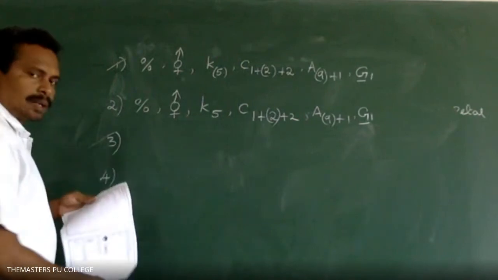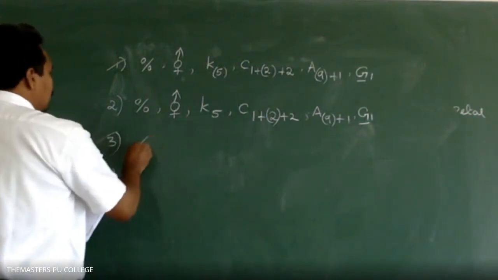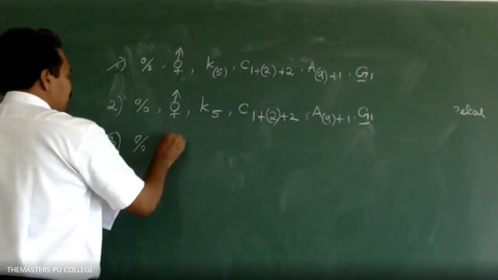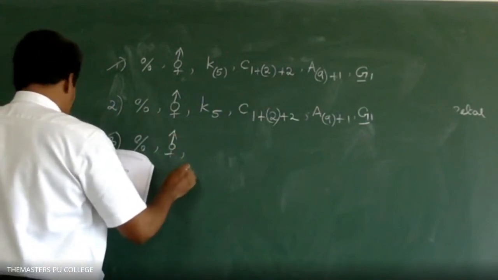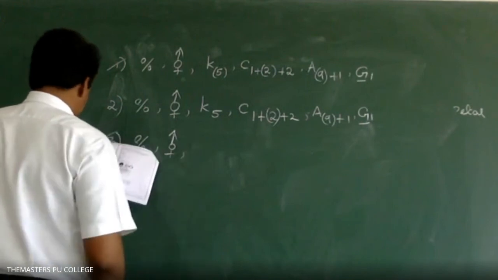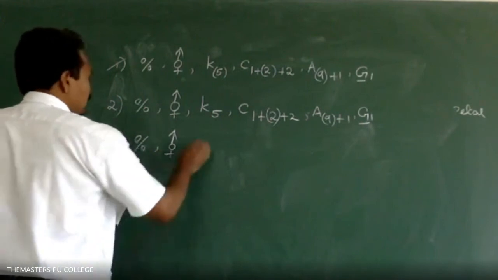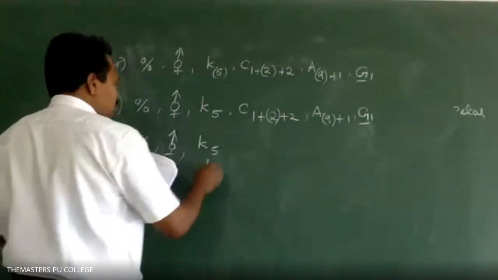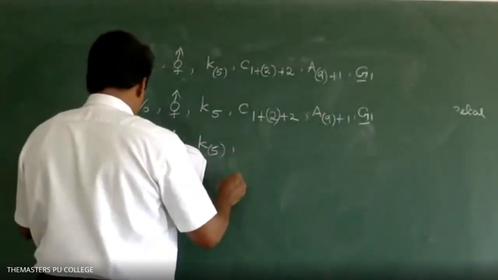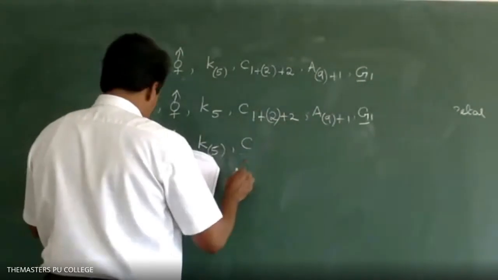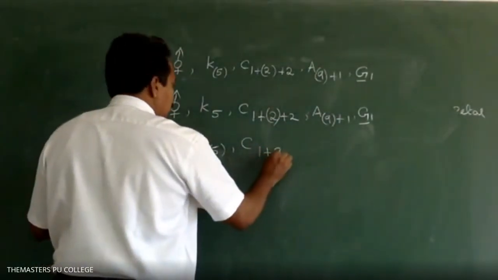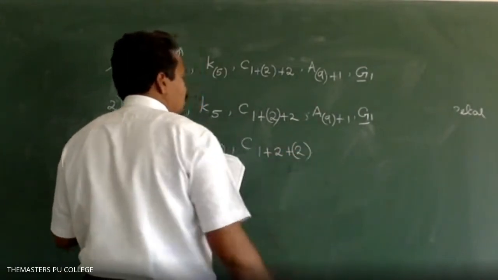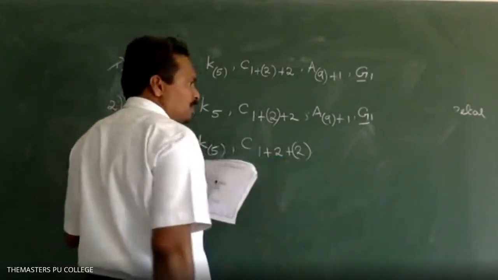Next, the given third option: flowers are zygomorphic, bisexual, sepals 5, gamosepalous, corolla 5, 1 plus 2 plus (2), where the bracket means fused.